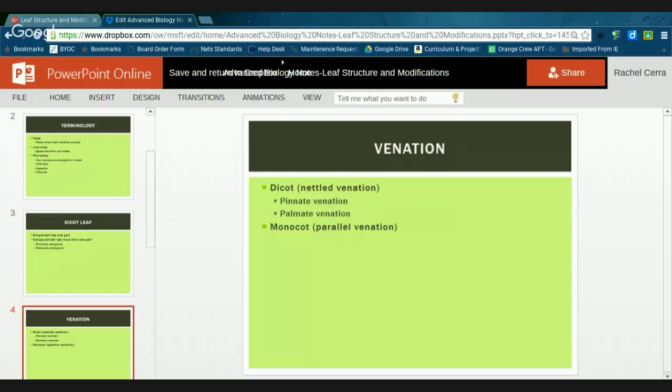Normally, the palmate venation leaves are going to have three or more of those central veins. So your pinnate venation leaves have only one central vein, but your palmate venation leaves are going to have usually three and sometimes more than that.